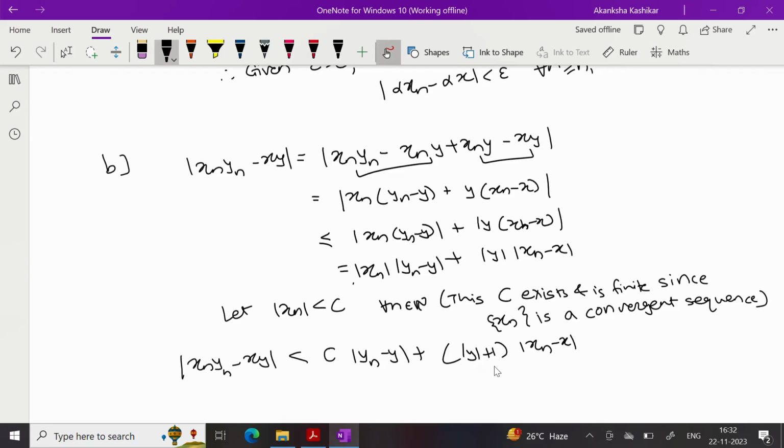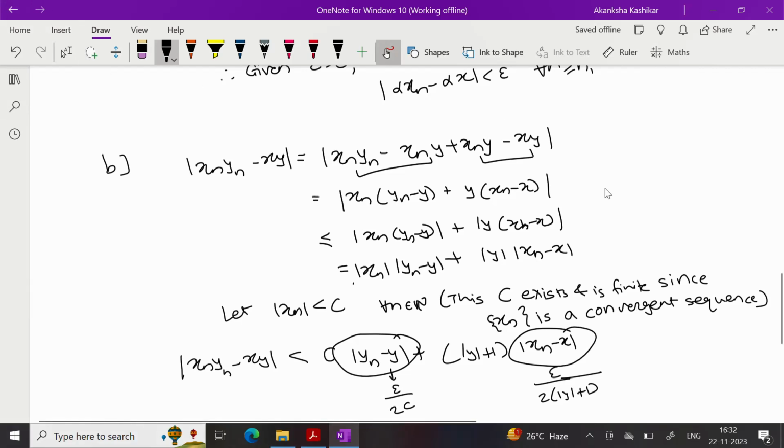Mod y is less than mod y plus 1, and mod y plus 1 will never be 0 because mod y cannot be negative. Okay, now my half job is done. So from this now I get an idea that this should be made less than epsilon by 2c. This should be made less than epsilon by 2 times mod y plus 1, and then I'll get what I want. Okay, but again this was background calculation.